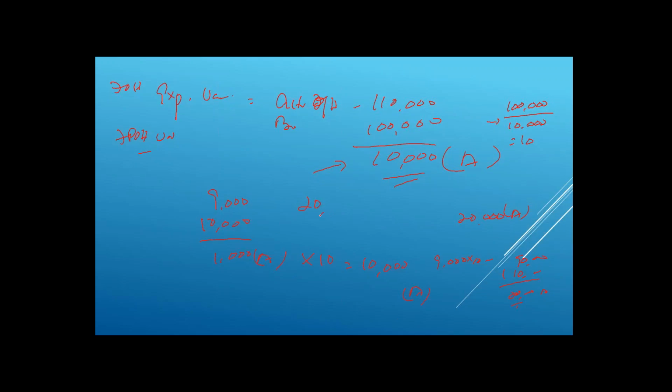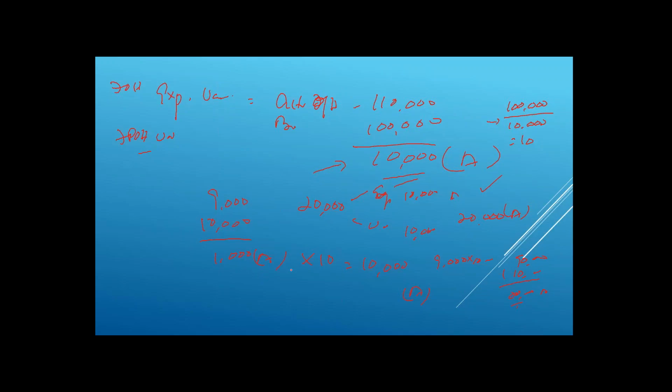So the total variance of 20,000 is split into two items. One is the expenditure variance of 10,000 and the other is the volume variance of 10,000. Both are adverse. For the first one, we looked at the actual overheads and the budgeted overhead and saw a 10,000 difference. For the second, we looked at the actual volume against the budgeted volume.